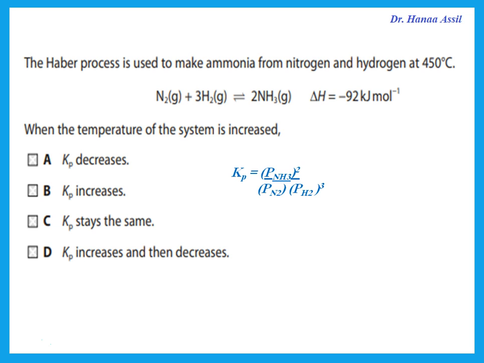If the temperature is increased, that means the reaction will go backward, because the forward is exo, so the backward is endo, and we said when temperature is increased, the reaction goes endo. Endo means we will have less product, so the partial pressure of ammonia will be less, and that means that the Kp will decrease since the numerator in the equation is lower.